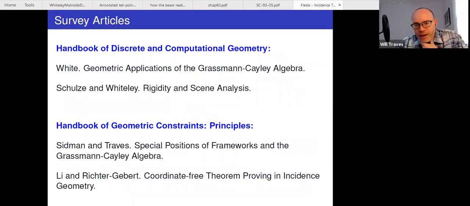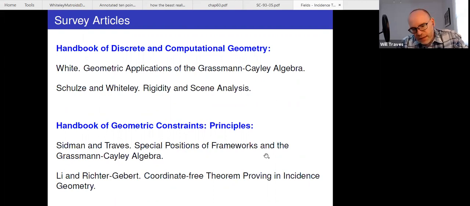Here's a couple references to this first part of the talk. In the Handbook of Computational Geometry, Neil White has a nice paper, and Walter has a paper with Bernd on rigidity and scene analysis. So these are two good references.